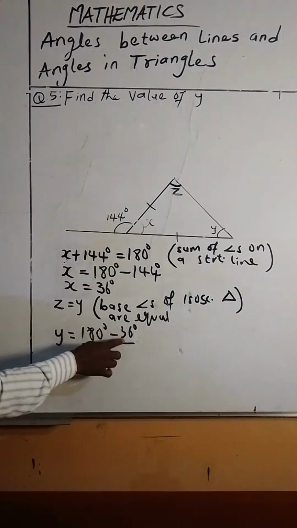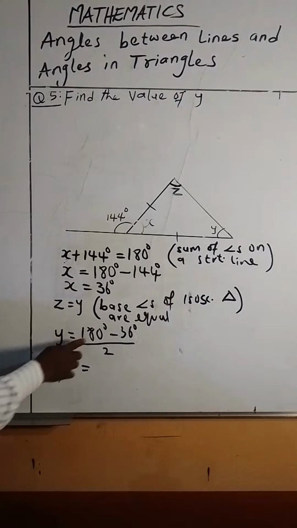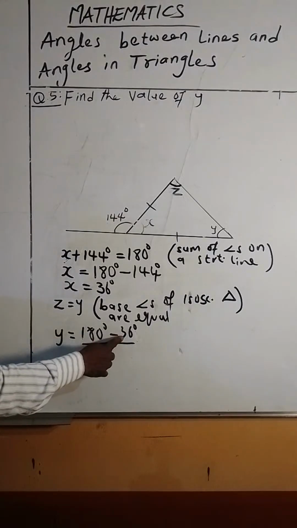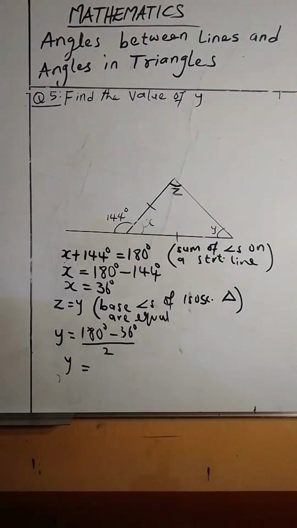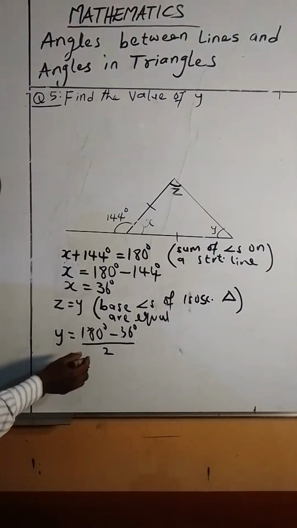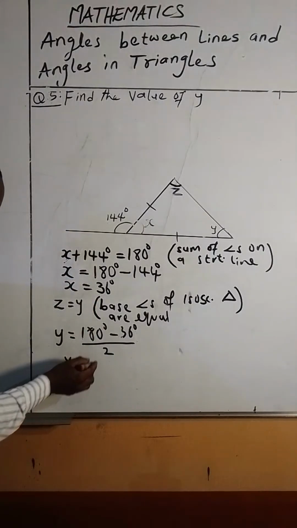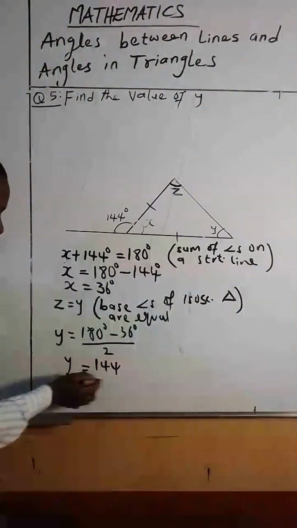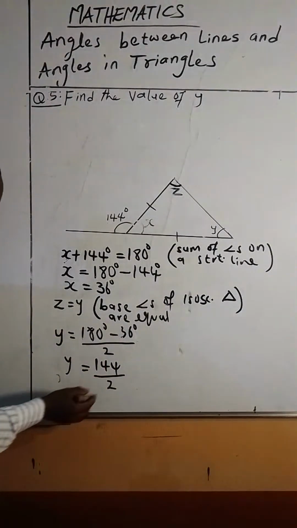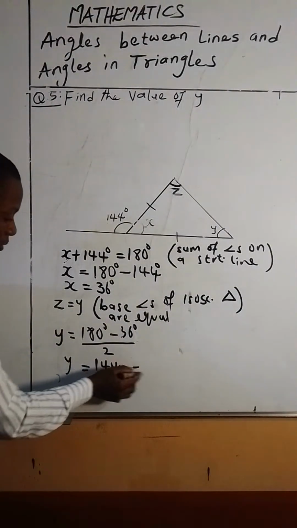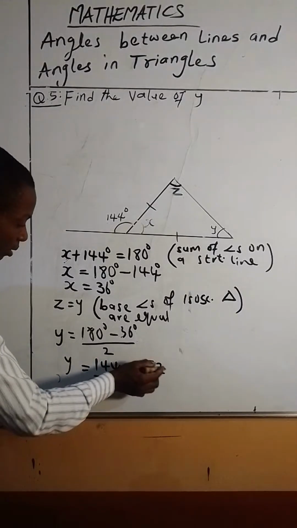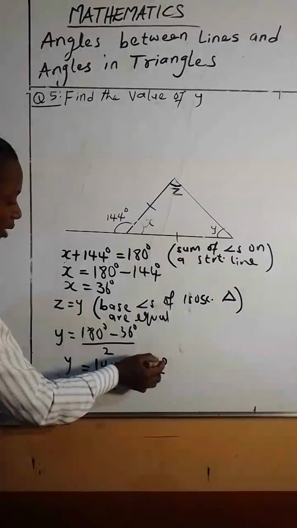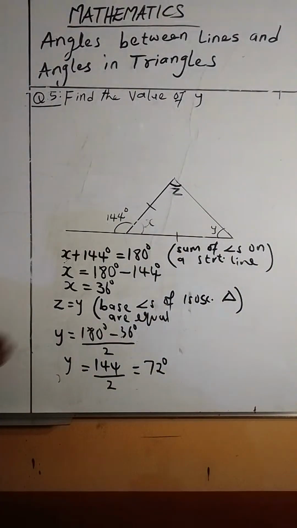So 180 minus 30 is 150. 150 minus 6 is 144. And we can then divide by 2. If we divide by 2, we are going to get 72 degrees. So this is the value for y.